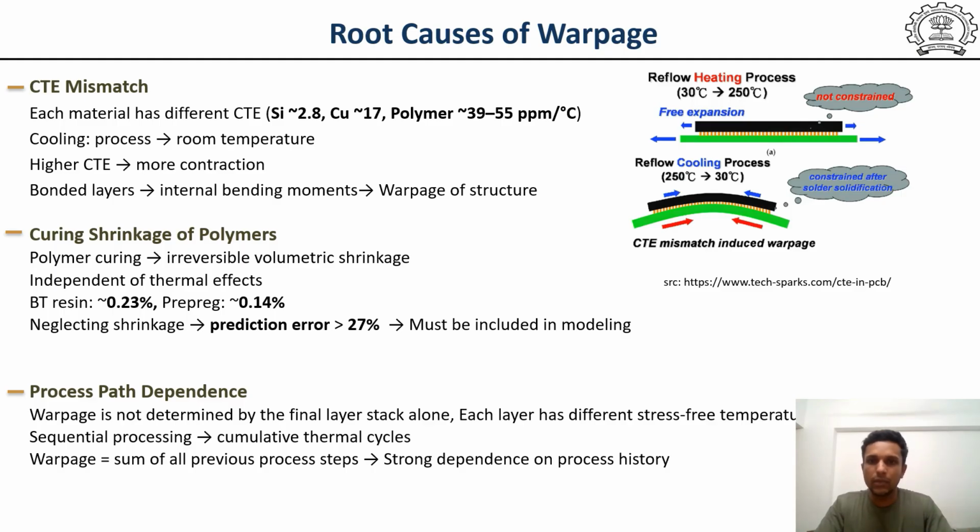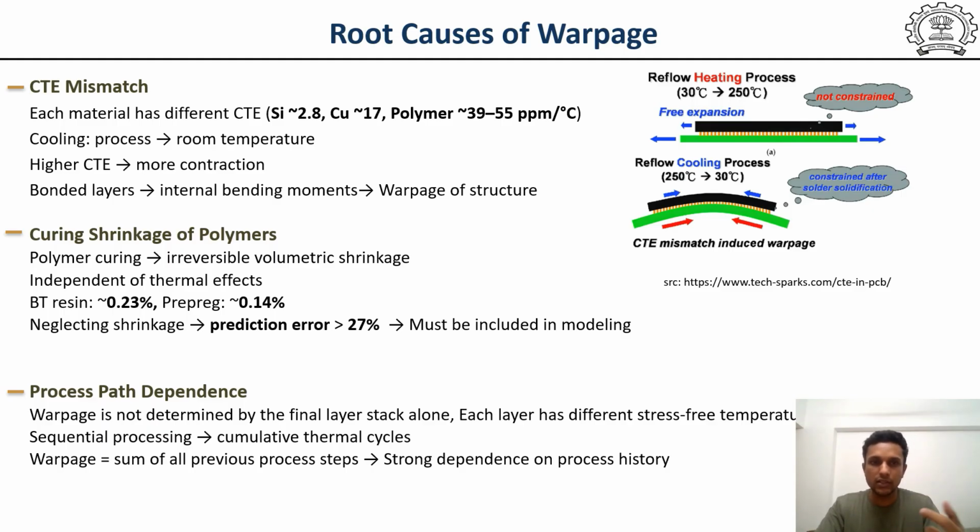So when the assembly cools down from a process where the temperature was higher, materials with higher CTE try to contract more than those with lower CTE. Since the layers are bonded together, this difference in contraction generates an internal bending moment that warps the structure.